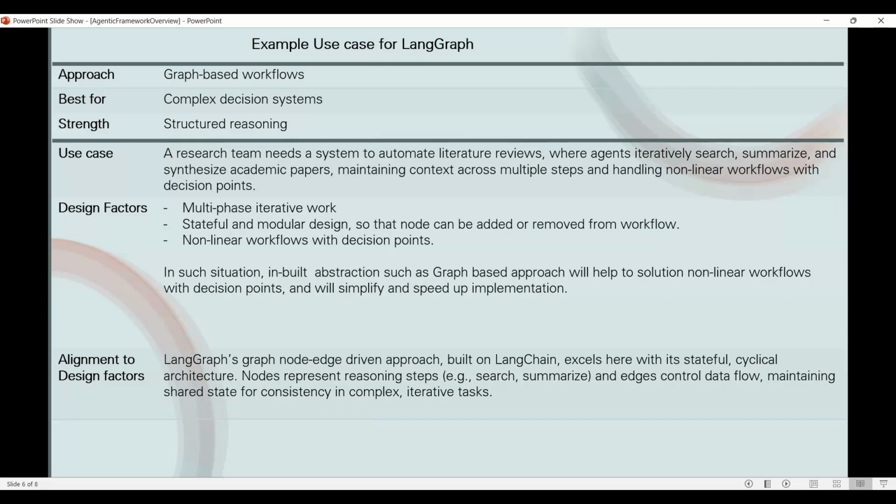So, from a design factor, it appears to be multi-phase, iterative, stateful and modular, and most important, we should have proper decision points like a decision tree. So LangGraph will be a better fit because LangGraph follows a graph structure, and with the power of a graph structure it can solve any non-linear complex tasks and also easily facilitate decision trees.